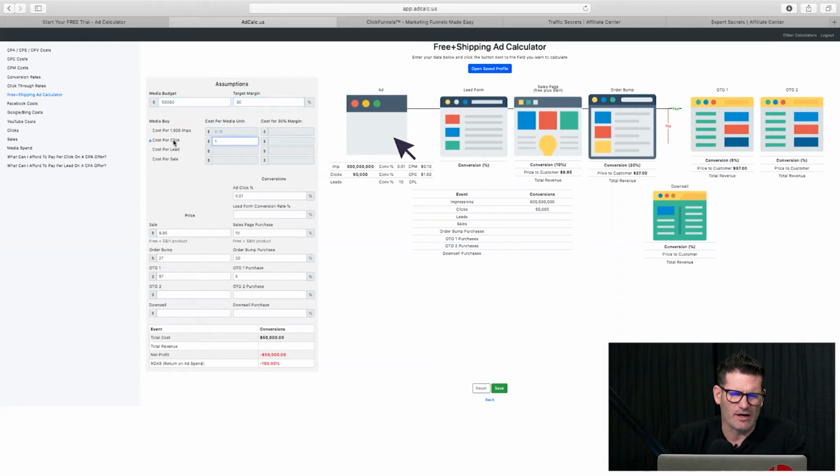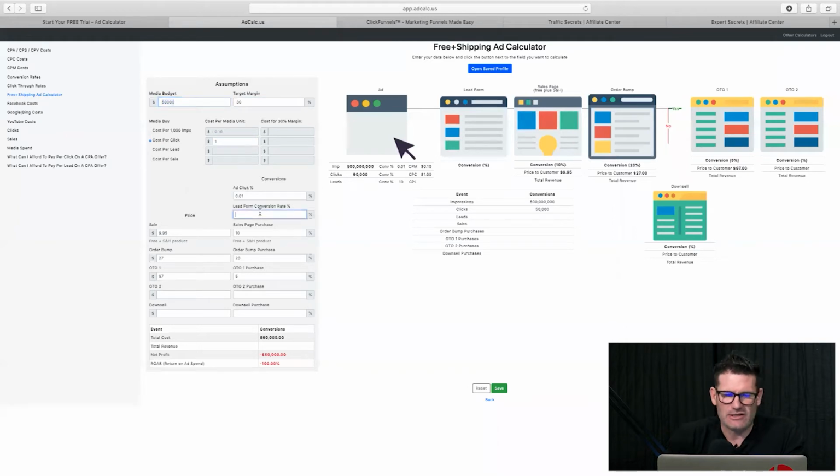So I'm going to pay on a cost per click $1. That's how I'm going to start testing. Okay. So that means I'm going to get $50,000, $1 a click. I'm going to get 50,000 clicks. Okay. So those 50,000 clicks are going to land onto my lead form.